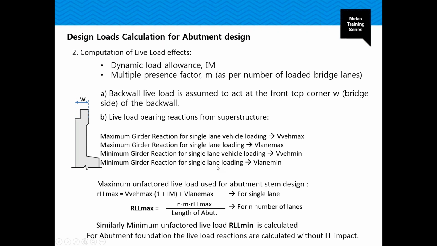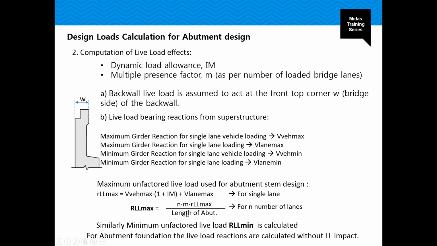And then we calculate the maximum combined load based on the formula, wherein we combine it with the dynamic allowance. So we get the maximum load for single lane. So for n number of lanes, we just multiply with the number of lanes and the multiple presence factor, again depending on the number of lanes.